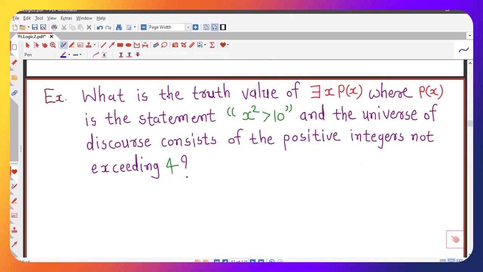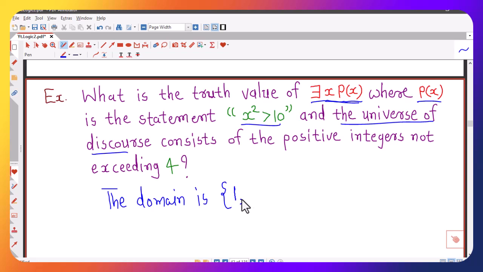This is another example. What is the truth value of there exists x p(x)? This we can read as the existential quantification of p(x), where p(x) is the statement x square greater than 10 and the universe of discourse consists of the positive integers not exceeding 4. That means the domain is the positive integers not exceeding 4.